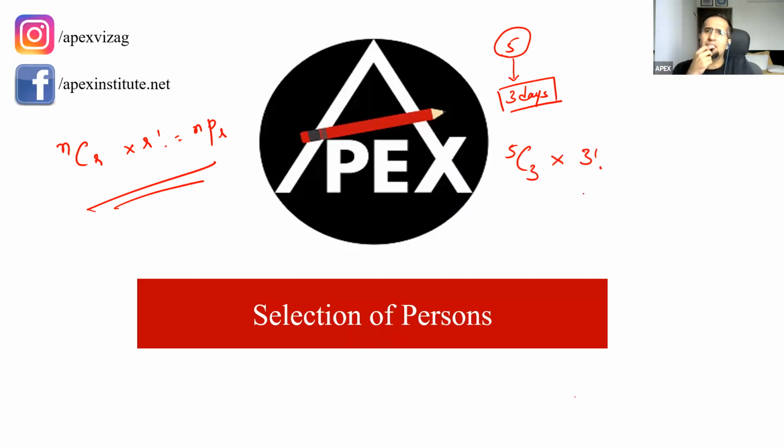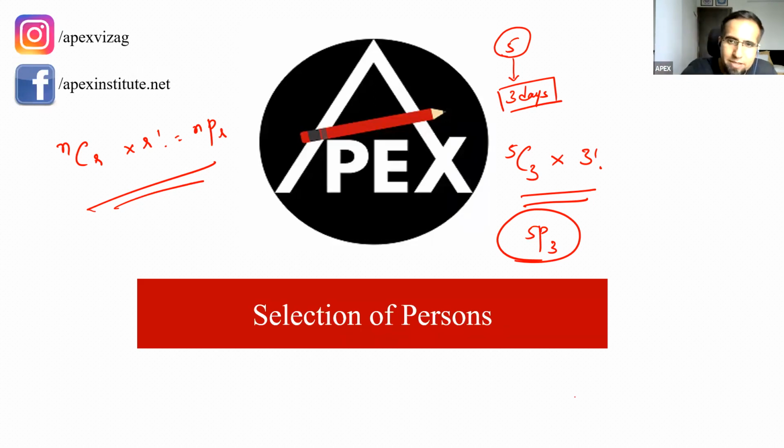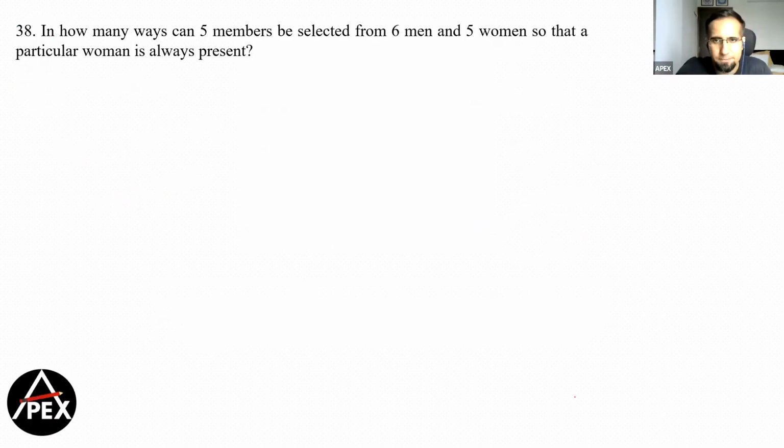So my answer becomes 5C3 into 3 factorial, which is nothing but 5P3. But why 5C3 into 3 factorial is what I prefer, because that's a more practical approach here. And that's where we all get stuck. So to understand, where do I apply C, where do I apply P? Okay. Now let's look at this selection of persons. Can we solve this, please?